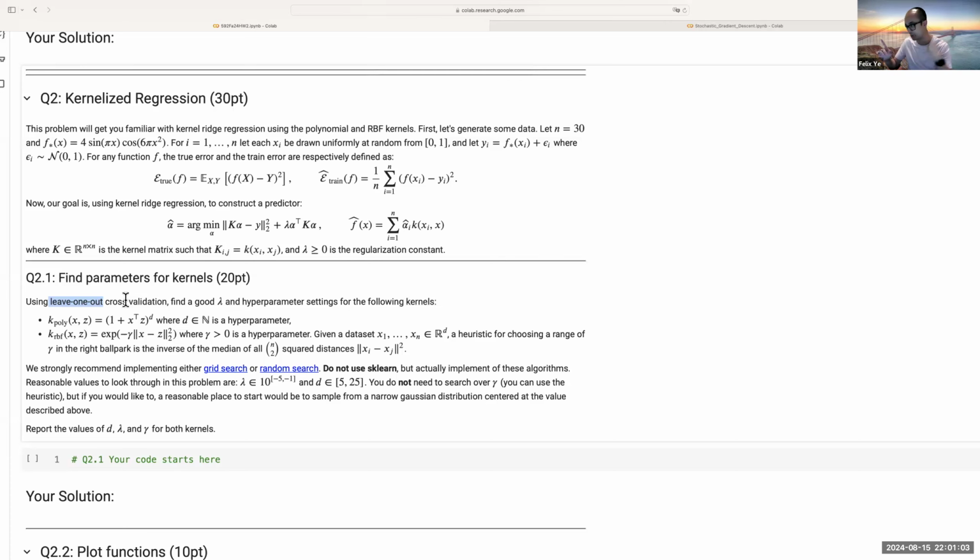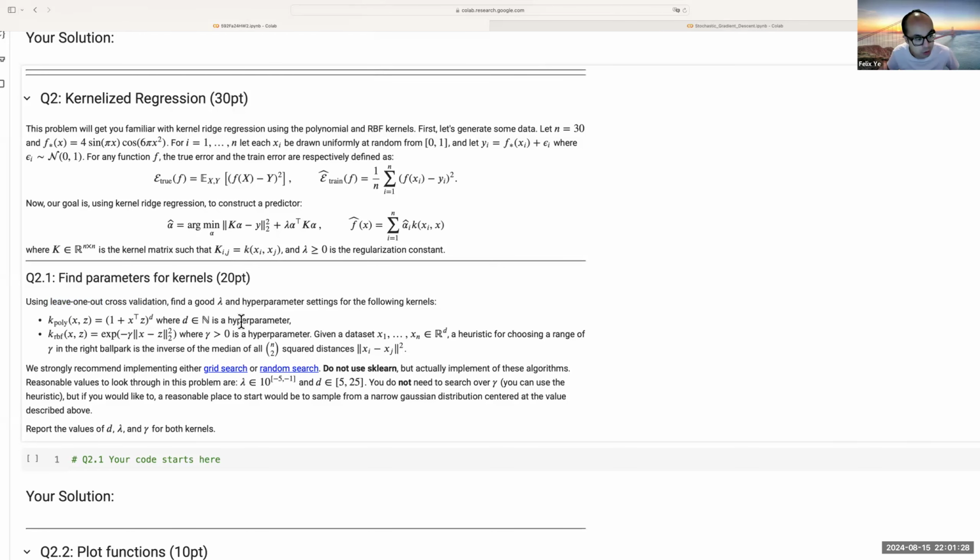You do this 30 times such that each point is in the validation data set at least once. This is called leave-one-out cross-validation. Usually this is very expensive, but it is okay in this case because our data set is super small.